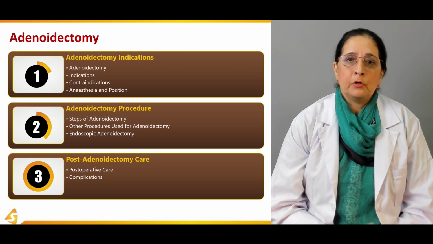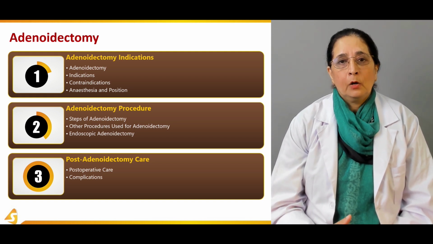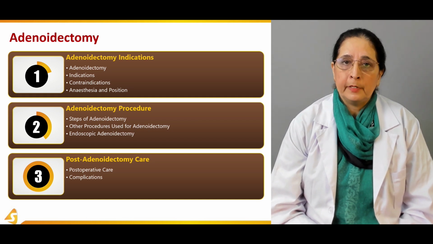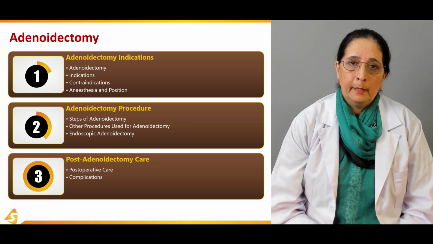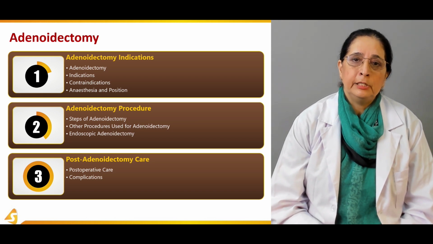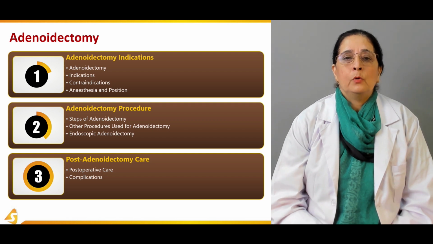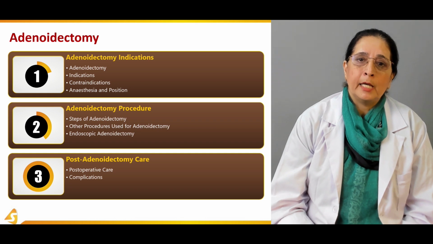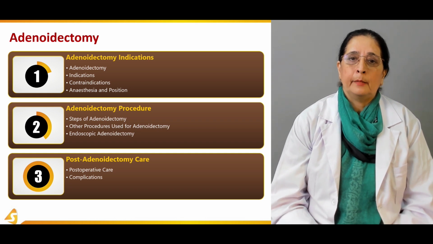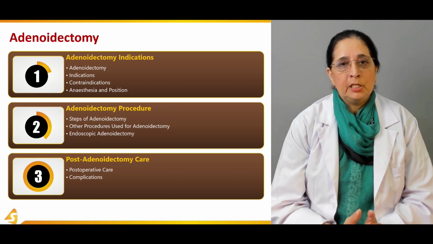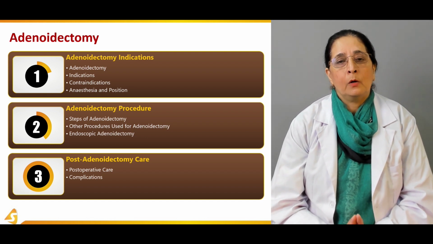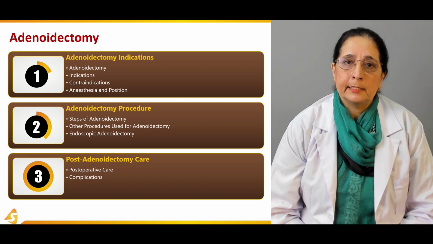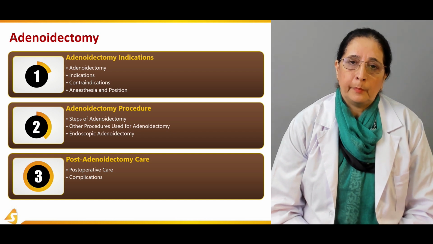And since the most important complication that can occur after the procedure is the haemorrhage, which sometimes can be a massive haemorrhage, how we can manage the patient with that, and also how we should manage the diet and the oral hygiene of the patient with the procedure, how long patient needs to stay in the hospital, and how long we need to give them analgesics and antibiotics in the post-operative period.